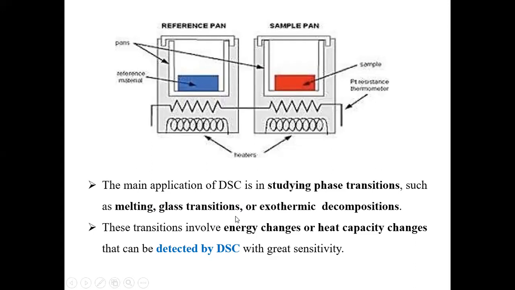That is, the transition can be observed with the help of our DSC. And these transitions especially involve energy changes or heat capacity changes. So whatever changes occur can be detected by DSC with a greater sensitivity.